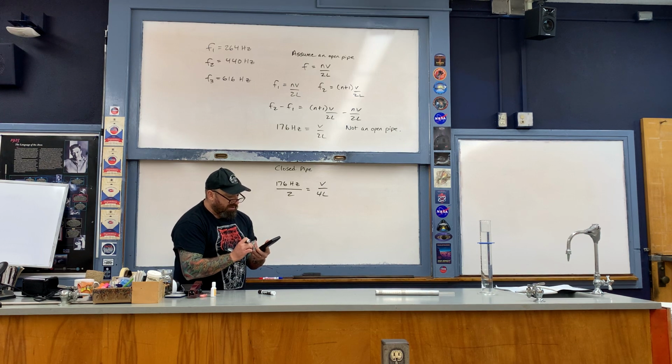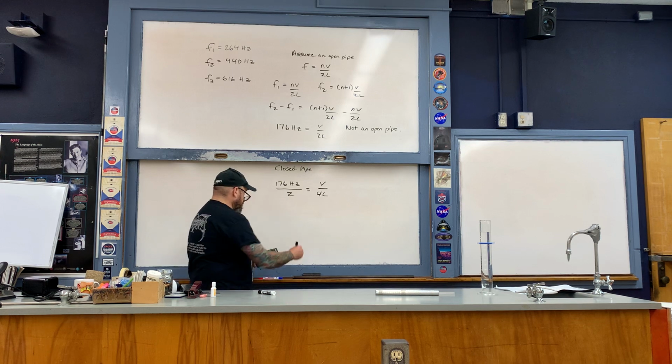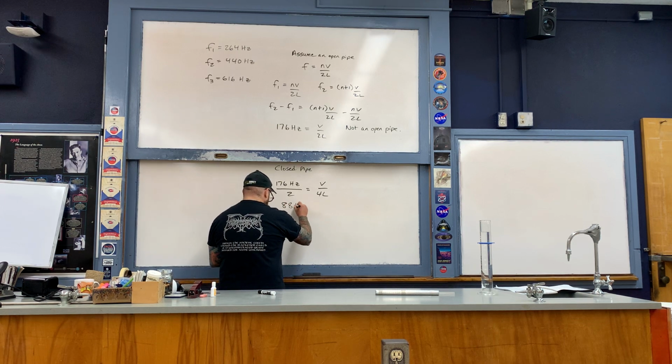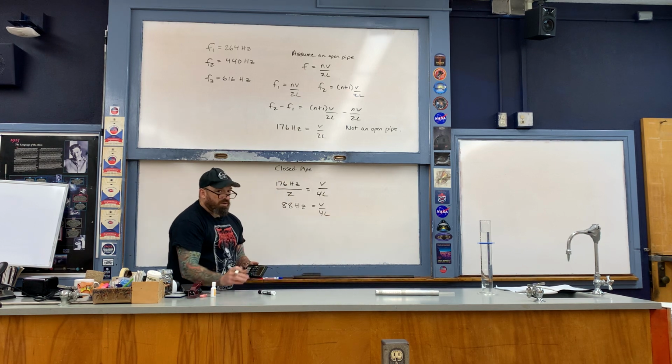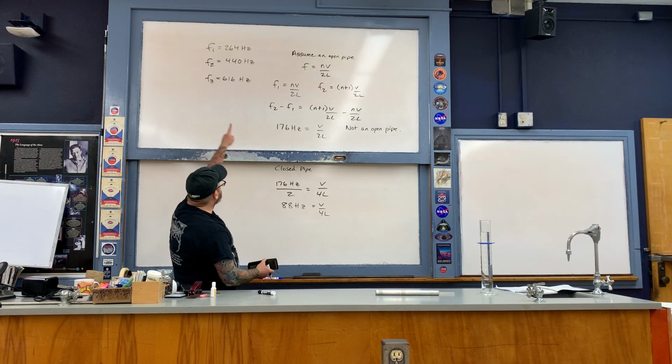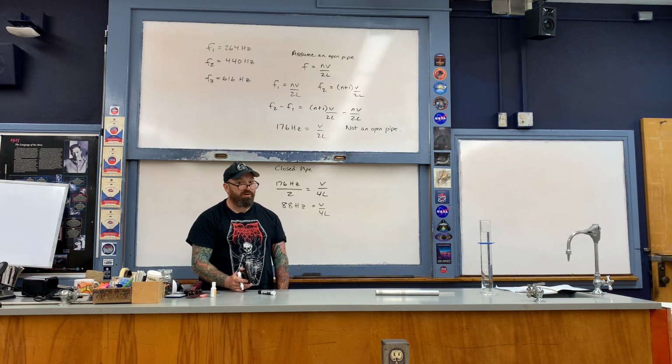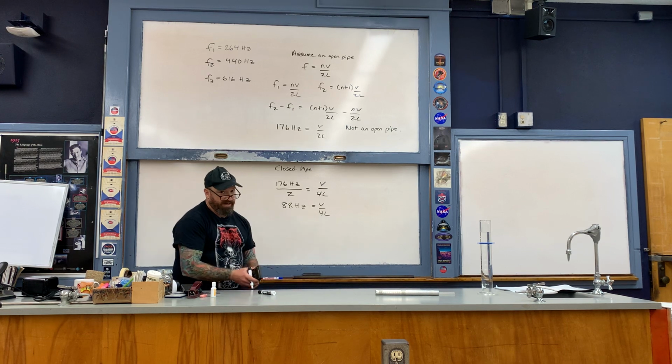Now, 176 divided by 2 is 88 hertz. So if the organ pipe is a closed pipe, then the frequencies that were given up on the top board have to be odd multiples of 88.